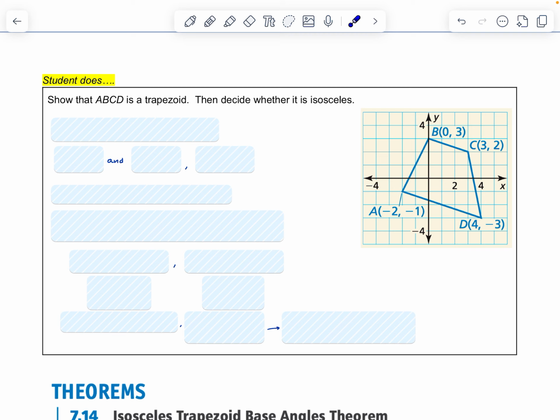I need to show that ABCD is a trapezoid, so I need to show that BC and AD actually are parallel. And then I have to decide whether it's isosceles. So I'll have to show that those two sides are congruent or not. BC and AD, they both have a slope of negative 1 over 3.